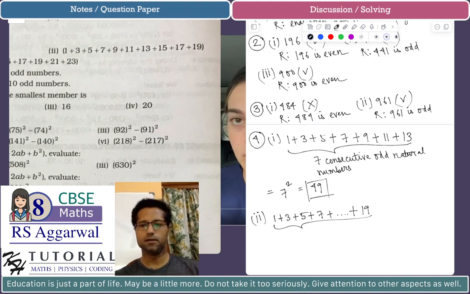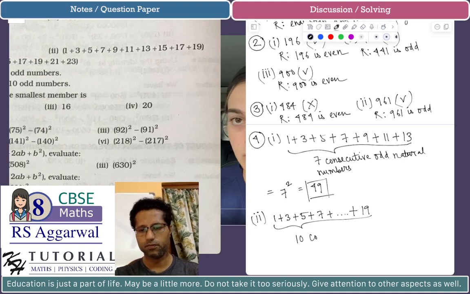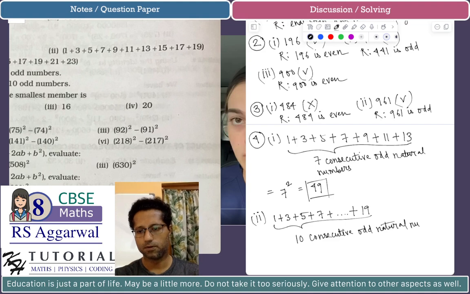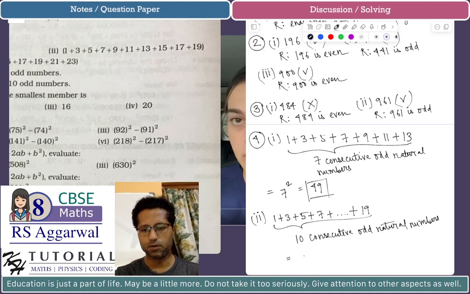After 13 there will be 15, 17 and 19, three more. So we are having here 10 consecutive odd natural numbers. So the sum will be equal to 10 square, which is equal to 100.